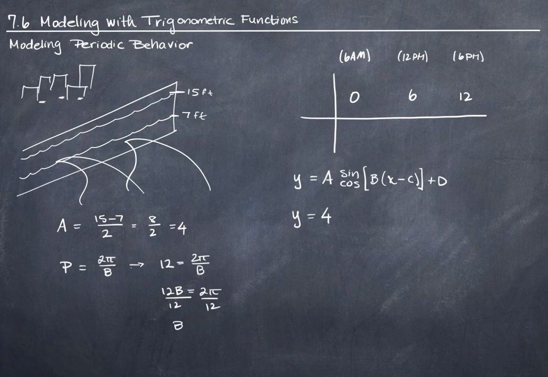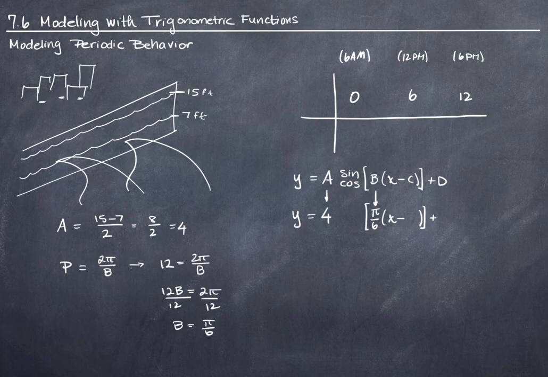I get B equals pi over 6. So my amplitude was 4. That's what goes in that position. What goes in this position is pi over 6. And that's still going to be times x minus some value C plus some value D. I still don't know whether this is a sine or a cosine graph.